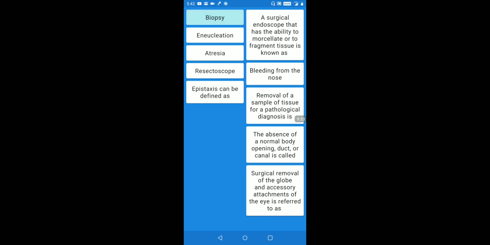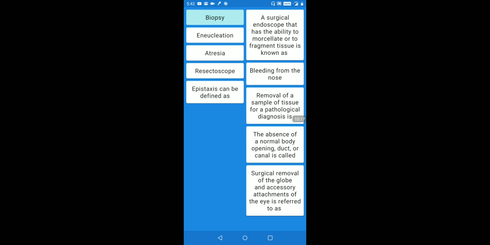Biopsy. A surgical endoscope that has an ability to visualize is known as. It's surgical. I want to pick this one, but I'm not really too sure. Bleeding from the nose is that one. Removal of a sample of tissue. Oh, okay. So this one is the answer for biopsy. Sample of tissue for pathological diagnosis is biopsy.